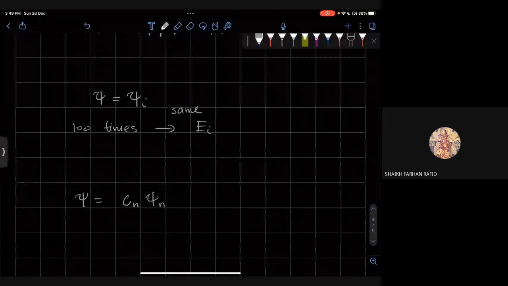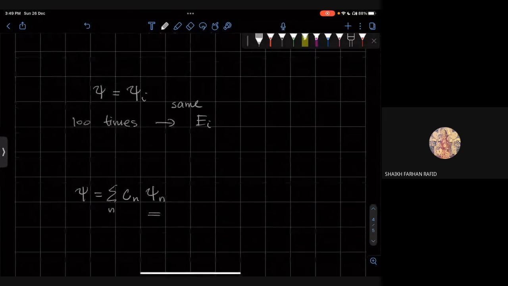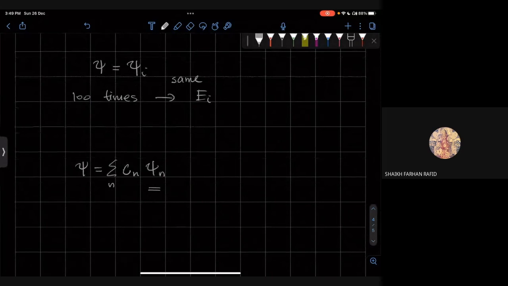So if psi n are the energy eigenstates, and this is a linear combination, then the probability that I make a measurement and get the value En will be given by Cn squared.